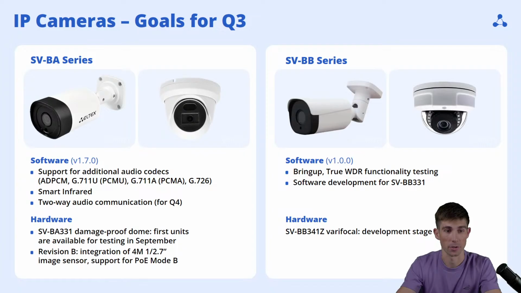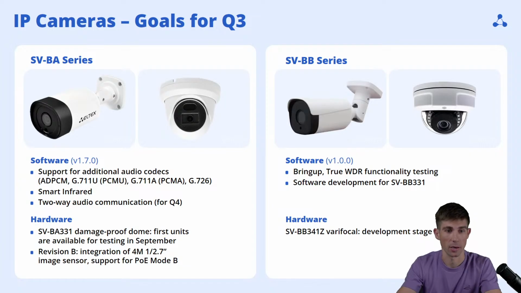The software is already version 1.7, which is going to be released at the end of the month. With this version, for the dome camera and for the cylindrical shaped camera, we are adding a bunch of audio codecs. This is in order to extend their compatibility with third-party NVRs.